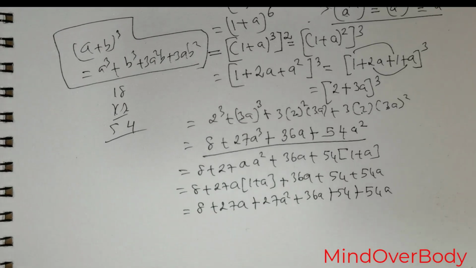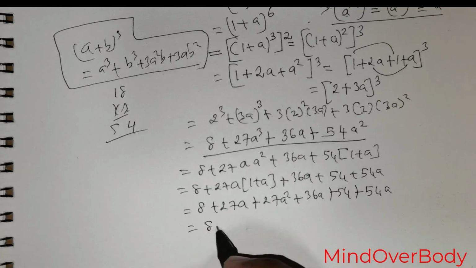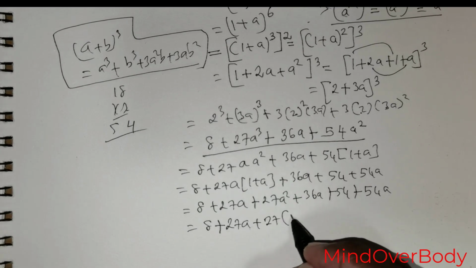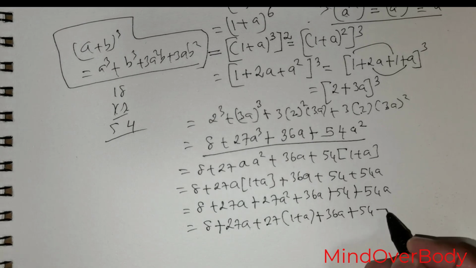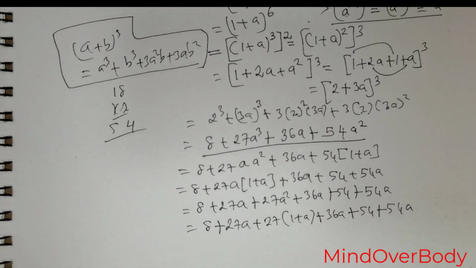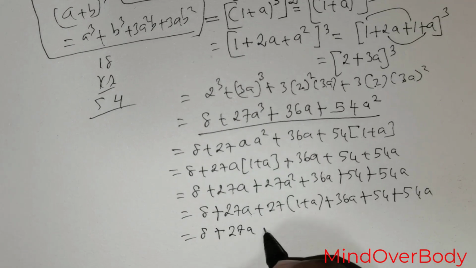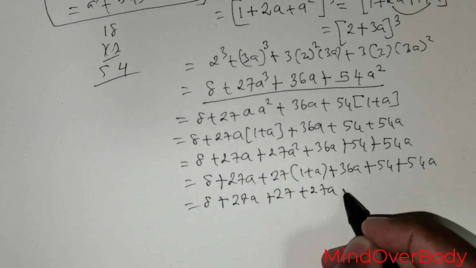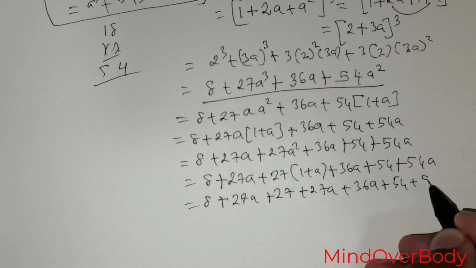Now what I can do is replace a squared as 1 plus a again. So this is going to be 8 plus 27a, plus 27 times 1 plus a, plus 36a, plus 54, plus 54a. I can rewrite this again, 8 plus 27a, plus 27, plus 27a, plus 36a, plus 54, plus 54a.